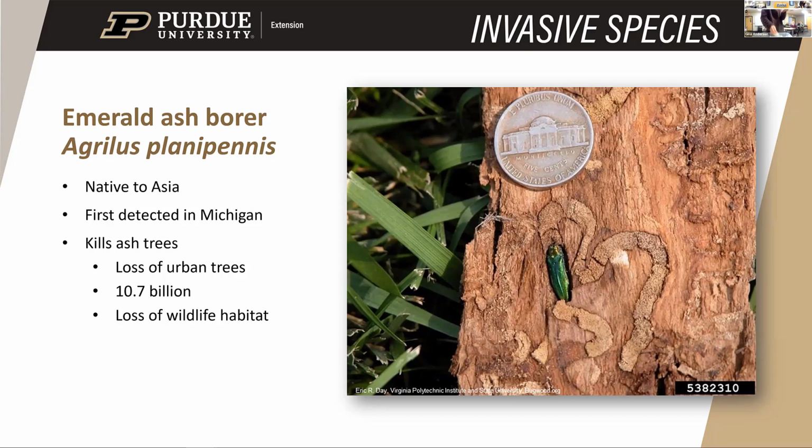So if you want to pass that around. That's not a bad photo. That's the damage done by the larva. So all the tunneling, that's it feeding. The telltale signs on the bark look like a D. Their exit hole, when the adult comes out through the bark, looks like a D.